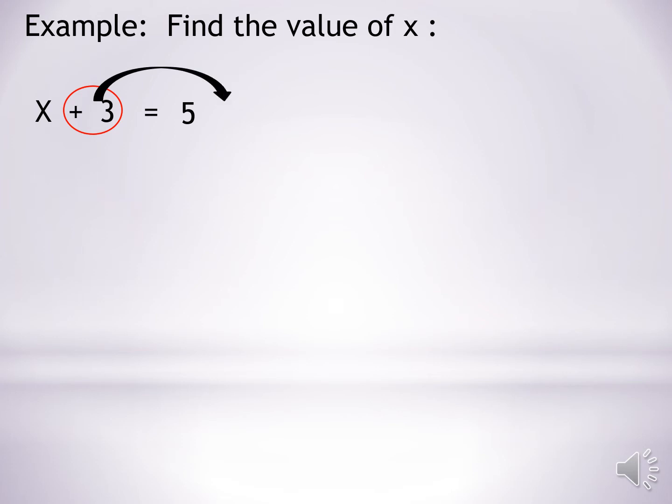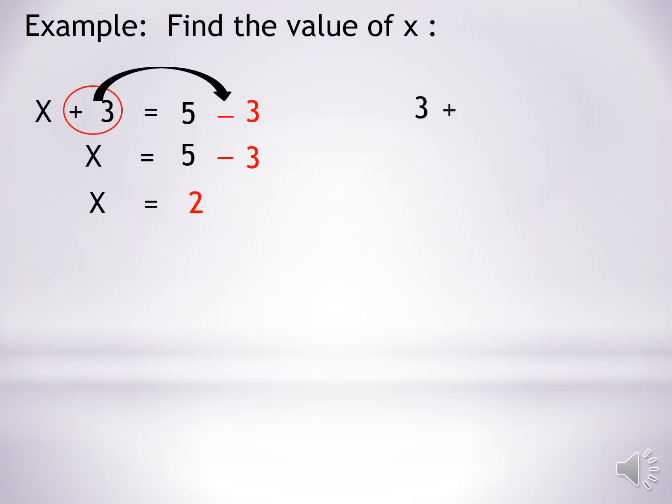The plus will be minus, and 3 will be as it is. So now I have in the left side x equals 5 minus 3 equals 2. So x equals 2. If I check my answer, 2 plus 3 equals 5. So I'm right. So every time I can use the inverse operation to solve my equation.